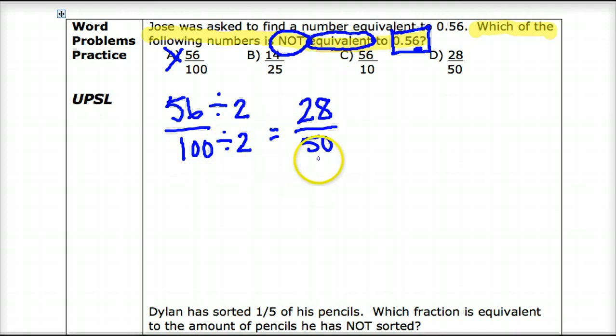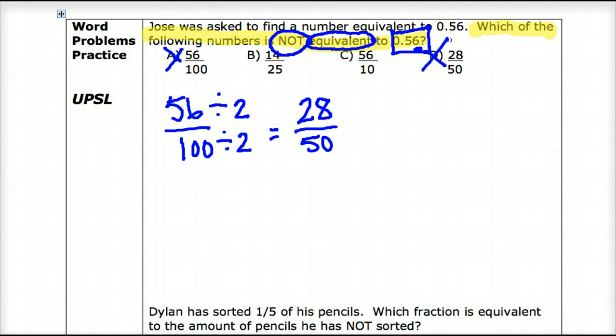So 28 over 50 is equivalent to 56 over 100. So that cannot be our answer because it is equivalent to 56 hundredths. So we've got B and C left.